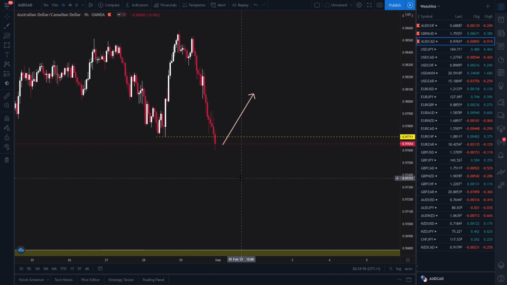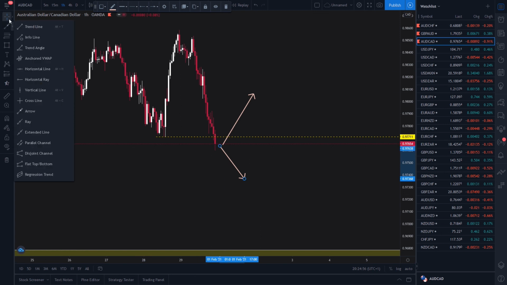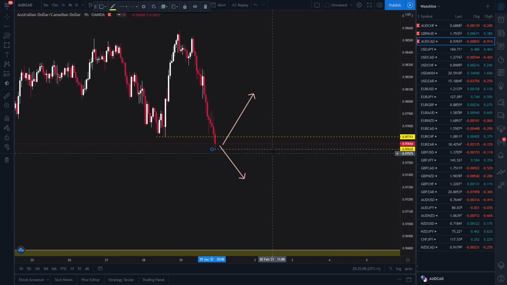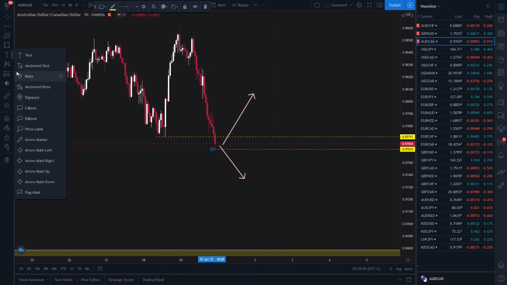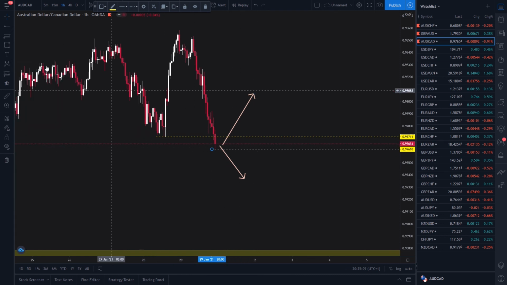But if we go lower, we are still waiting for this or this level to come back and sell on this line.